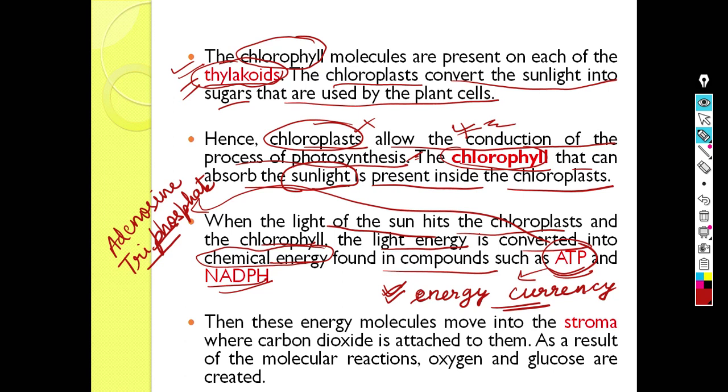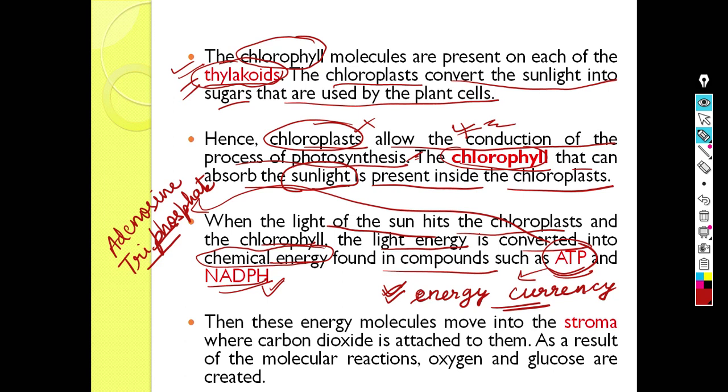Same kind of energy currency you use. In plants and in the animal body, everywhere ATP is used as energy currency. And for NADPH, I'm not telling the full form right now, it is not required, you can just learn the terms.